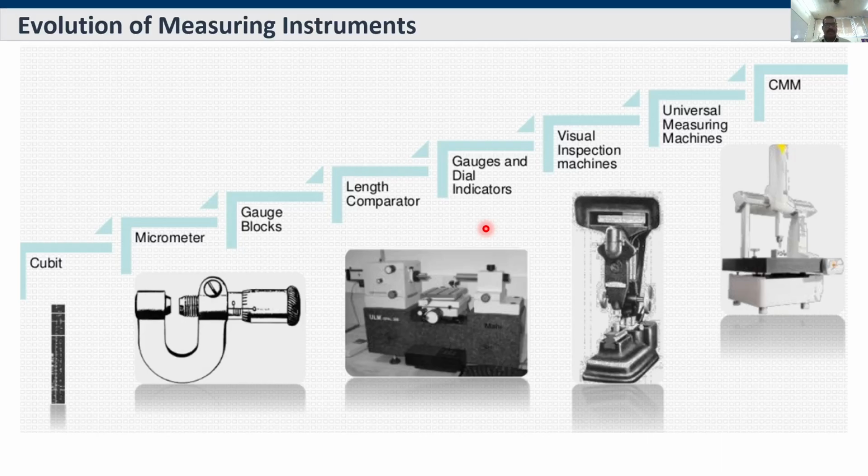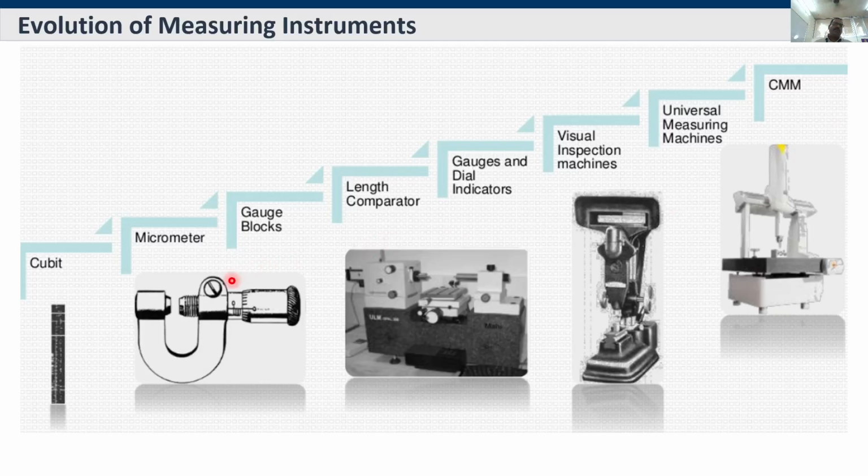And then other things you know: micrometer, gauge blocks, length comparators you guys are using, and gauges and dial indicators you guys are using. Then machine vision, profile projectors, universal measuring machines, and CMM. CMM you also saw in a demo in our robotics lab. So these are the developments that came, with multiple classes and subclasses also there.